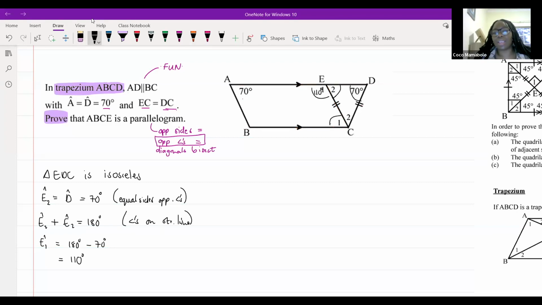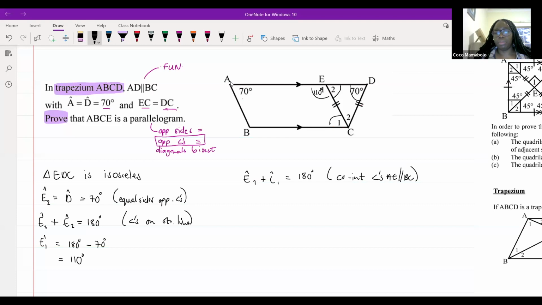So we can then say E1 plus C1 is equal to 180 degrees, co-interior angles, and I need to name my parallel lines. So AE is parallel to BC.